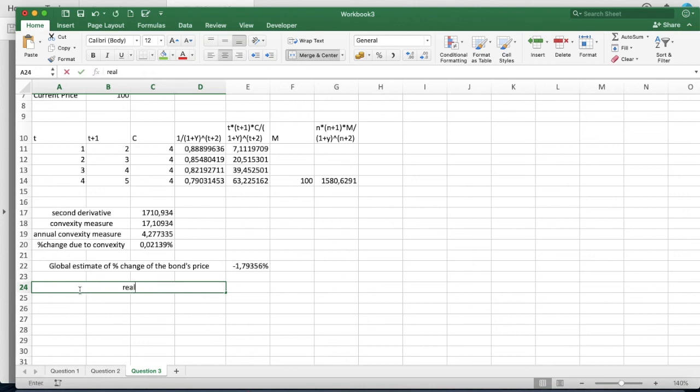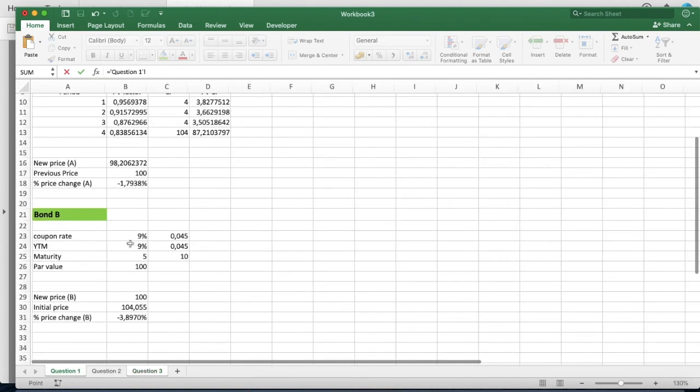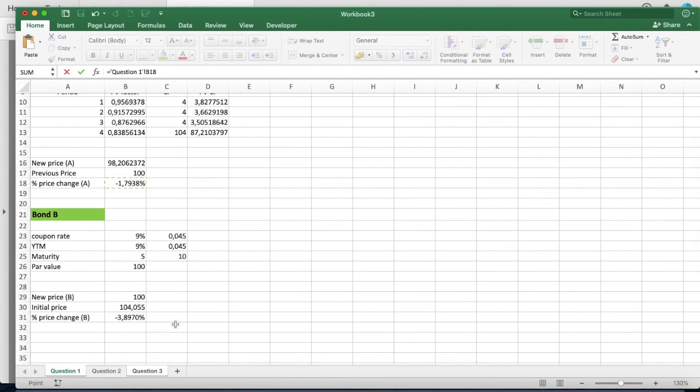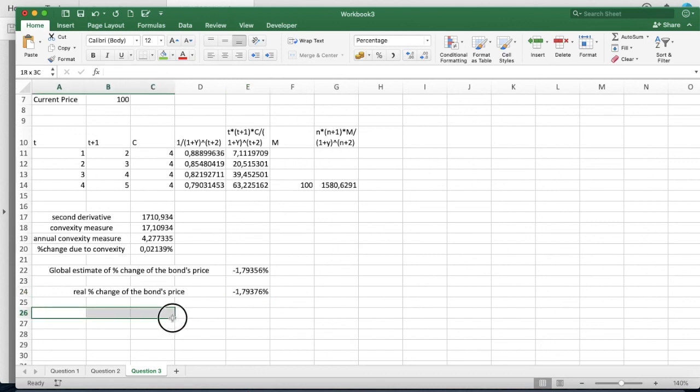Now the real percentage change of the bond's price, so this one in question 1, and let's transform it into a percentage. So almost we have the same percentage of change. It's very close.